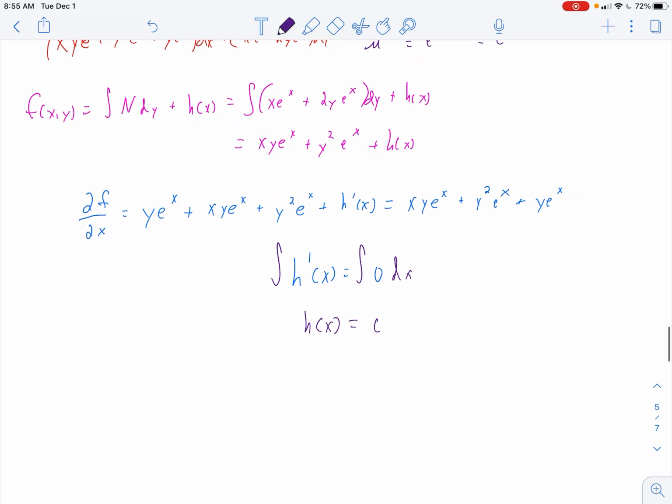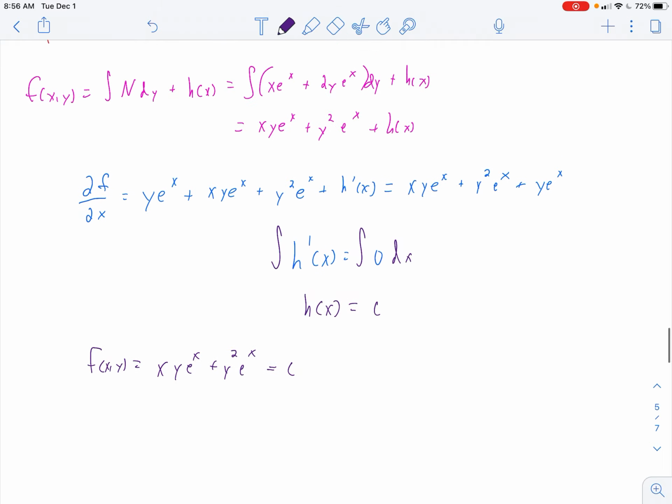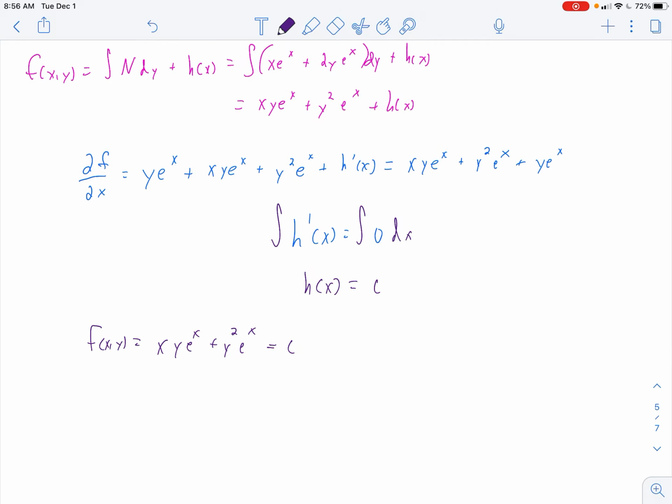So our solution is f(x, y) = xy e^x + y² e^x + h(x), which is just c. So that just equals c, and it looks like we are finished. Box it up.